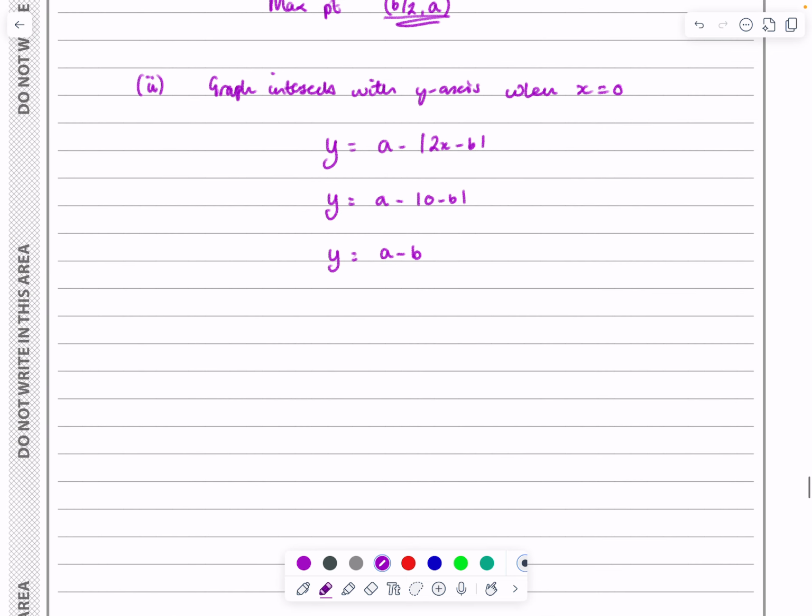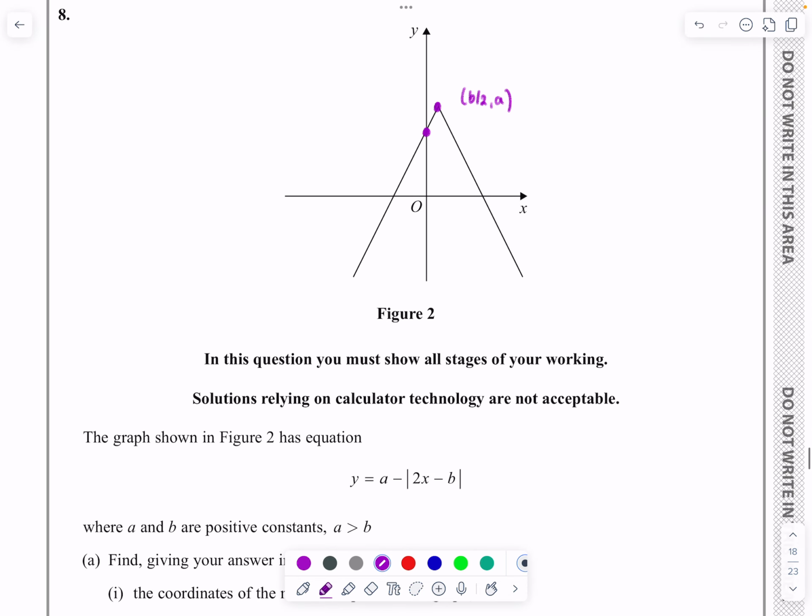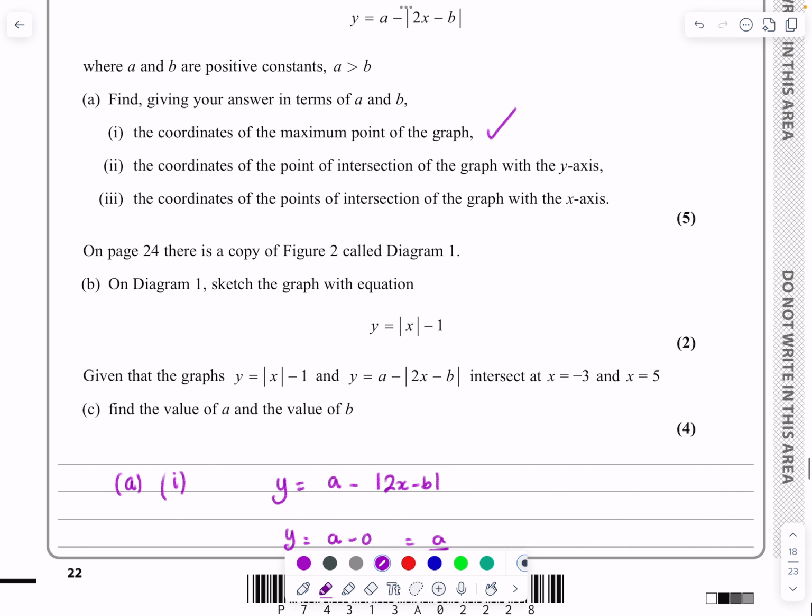So the point of intersection is given by 0, a minus b. So this point up here then is 0, a minus b, and that's the second part done.